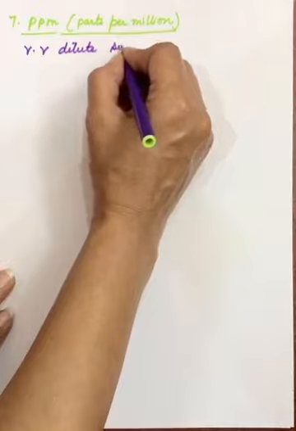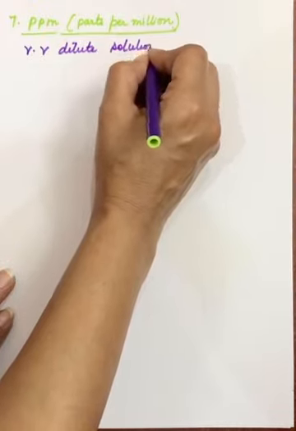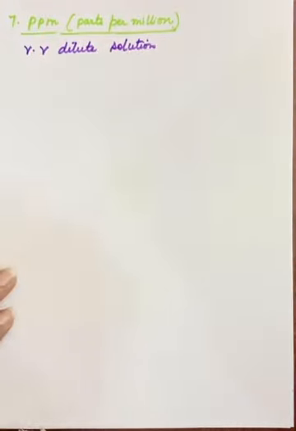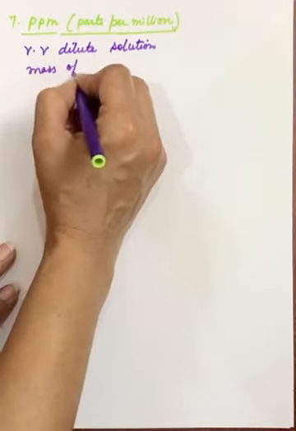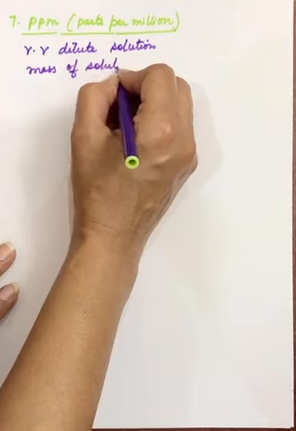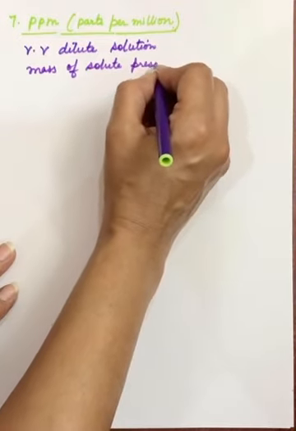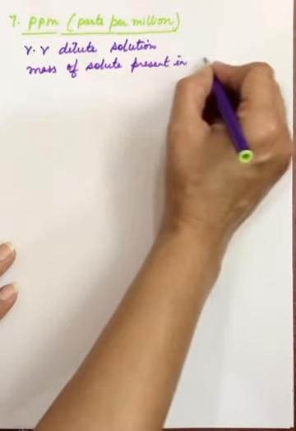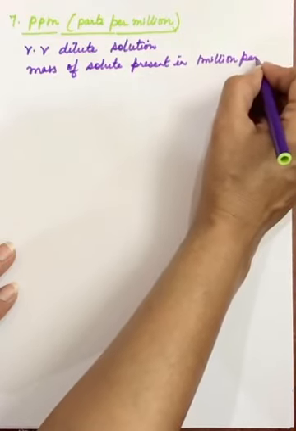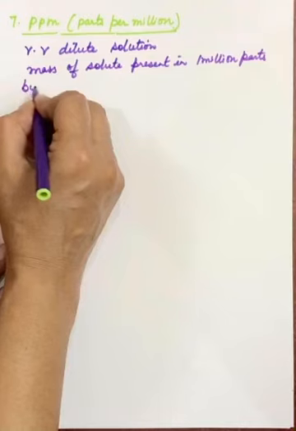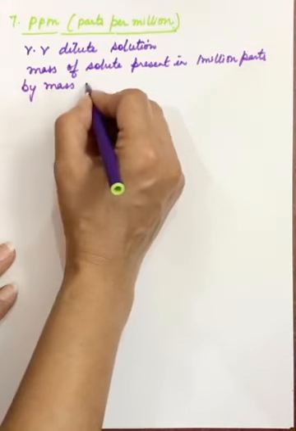Like if we have to tell the pollution in air, then we use this concentration term. So this is the mass of solute present in 1 million parts by mass of solution.